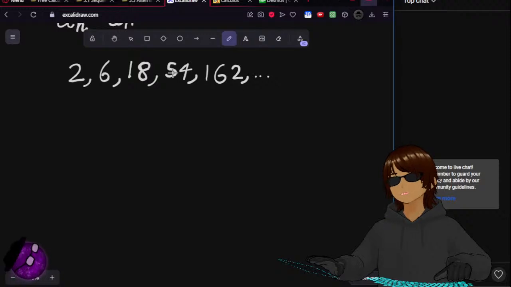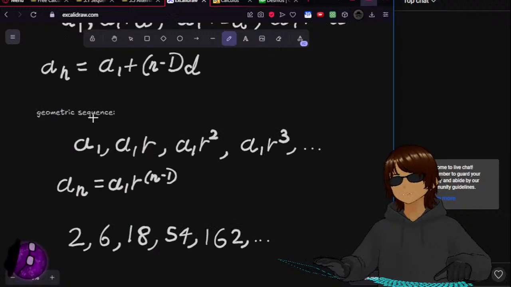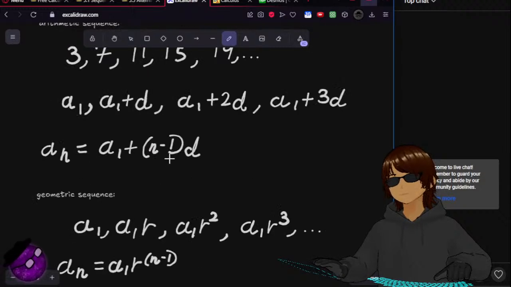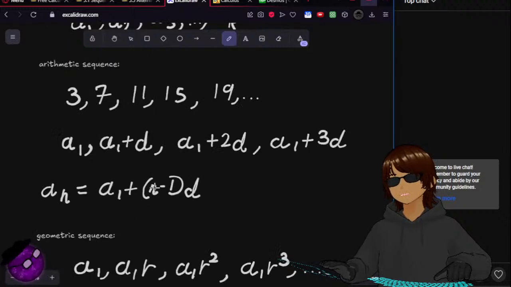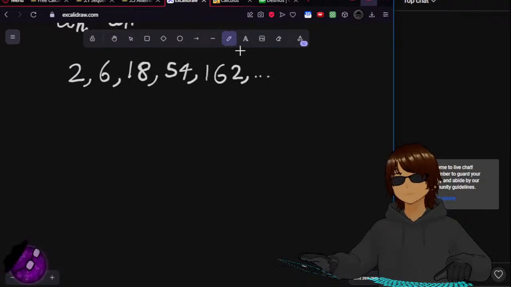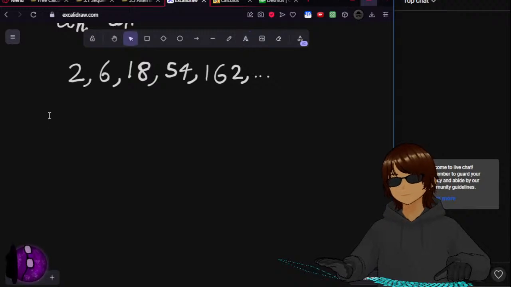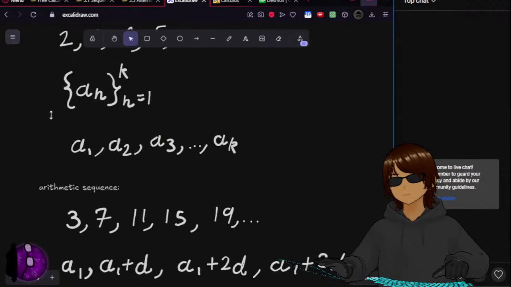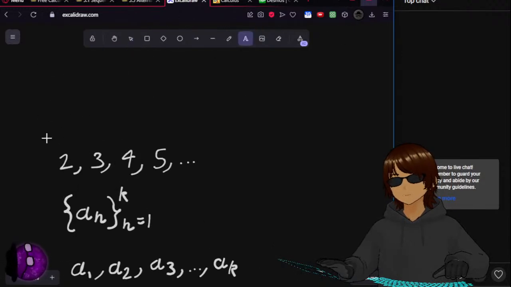So anyways, we have a geometric sequence where a term is represented like this. We have an arithmetic sequence where a term is represented like this. Like sequences, we also have series where each number is being added. Okay, let me do.